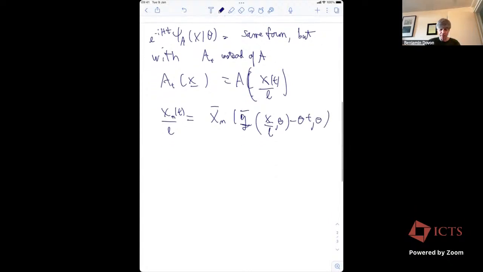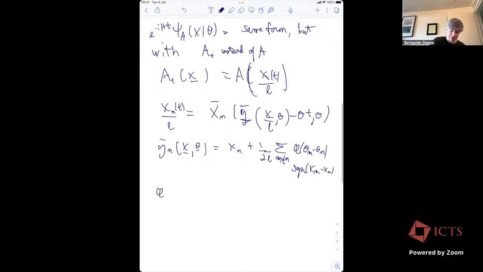What are these x bar and y bar? Well, y bar_n is exactly our change of coordinate that I showed before. As a function now of all the coordinates and all the theta, it is x_n plus 1 over 2L. There's a scaling that I have to put. Sum over m, n, then curly phi of theta_m minus theta_n, m different from n, times the sine of x_m minus x_n.